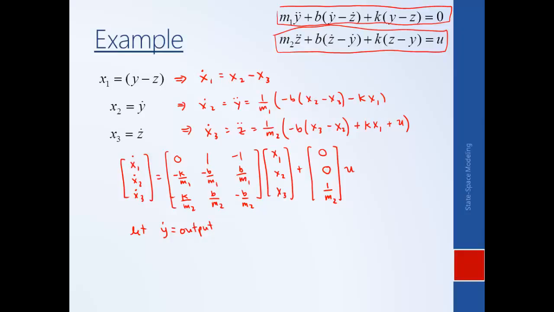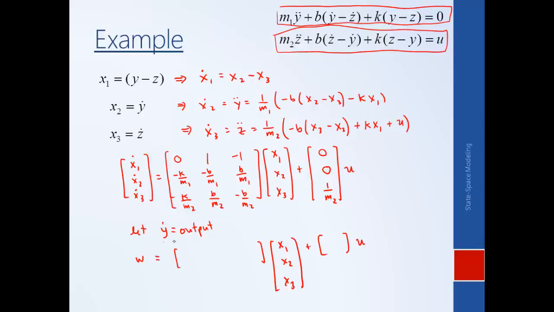Just to avoid confusion, we often call y the output, but since we already have a variable y, I'll just go ahead and say w is the output. So it'll be a C matrix multiplying my vector of state variables, and then a D matrix multiplying my input, which in this case is just u.